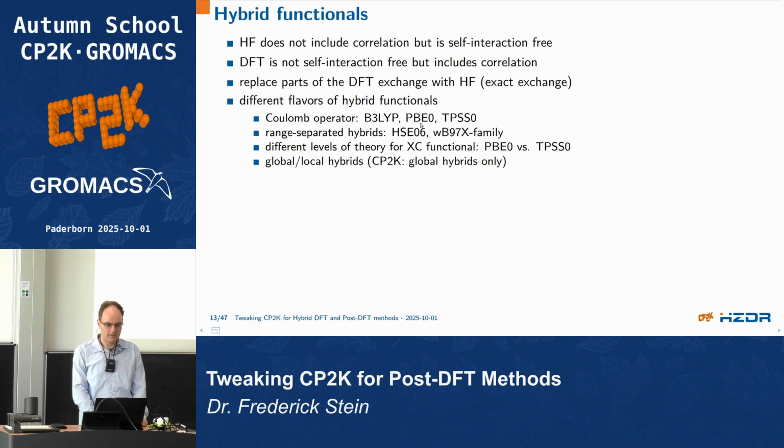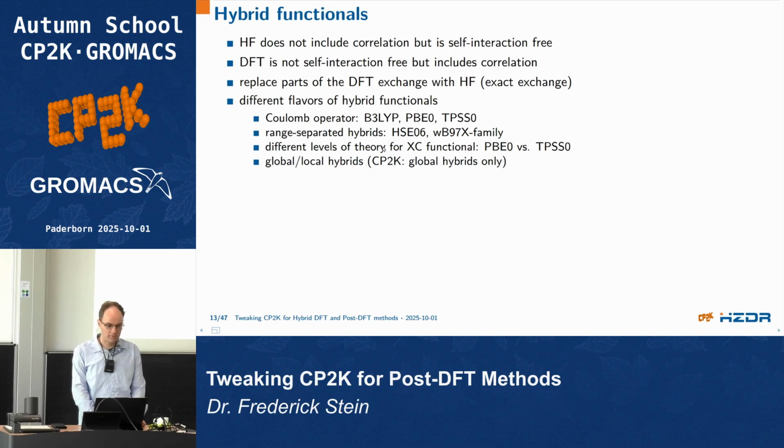Due to the variety of possible density functionals and possible interaction operators, there's a large variety of hybrid functionals available. If you just use the plain Coulomb operator in CP2K, of course, for periodic systems the truncated Coulomb operator, you may use B3LYP, the very popular B3LYP, or also PBE0, or as a meta-GGA-based functional, the TPSS0 functional.